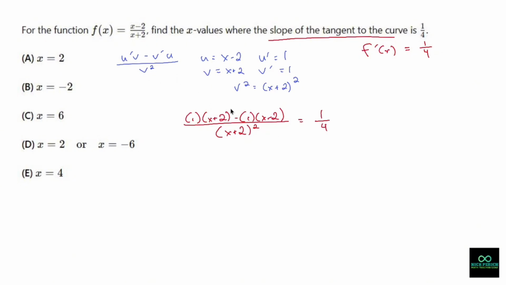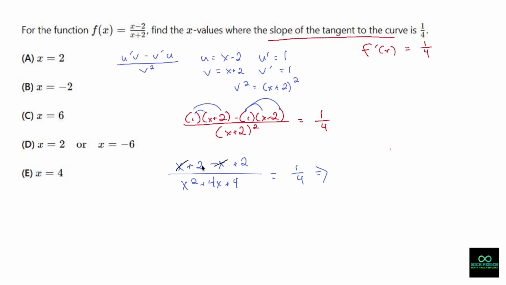The derivative equals 1/4, that's what we're solving for. Multiplying 1 to everything is just x plus 2. Negative 1 to everything is minus x plus 2. And multiplying out the denominator is x squared plus 4x plus 4, because perfect square trinomials. That's going to equal 1/4 again.